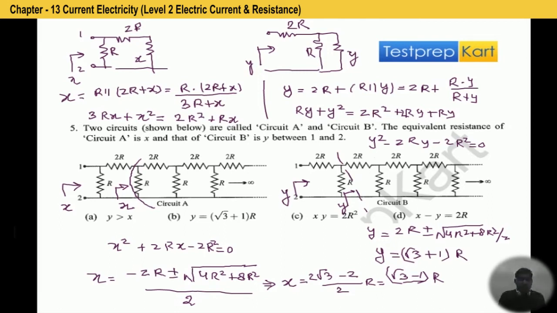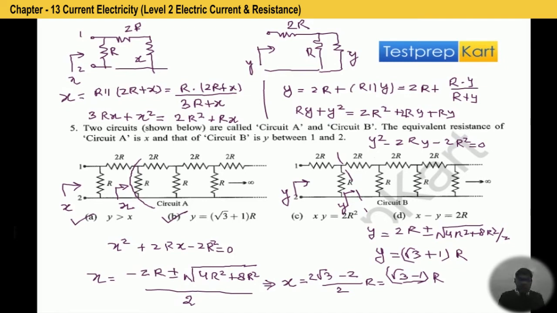First, X is root 3 minus 1 and Y is root 3 plus 1. So definitely Y is greater than X, so this option is right. Second, Y is root 3 plus R, so this option is also correct. Third is XY equals to 2R square.